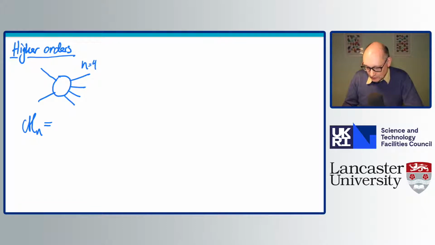So there are 2 incoming, 4 outgoing, then we would get, as a coupling, a lowest order g_s^n, and then M_n, because there are 4 final state particles produced, and the coupling is order n.